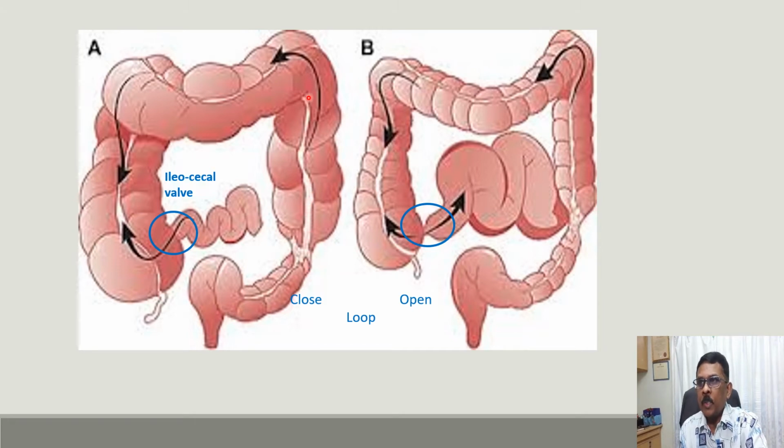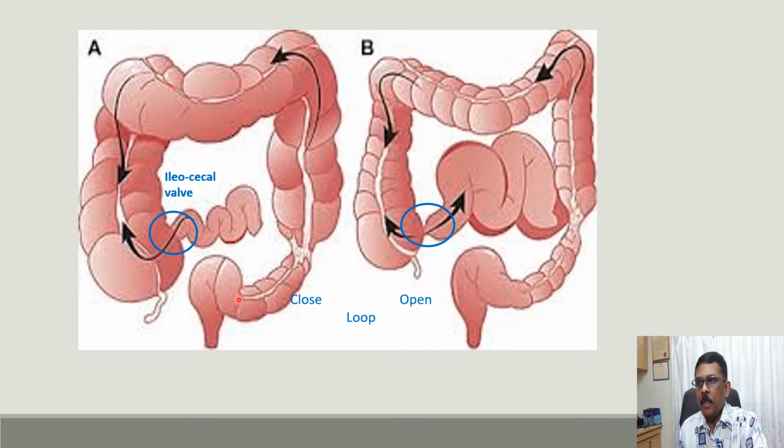So the proximal segment distends with gas and fluids and contents of the intestine, and the pressure within it increases. The ileocecal valve in this case is competent, that is closed. As a result, this pressure cannot be released by pushing the contents into the small intestine.